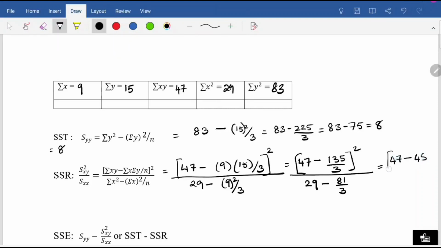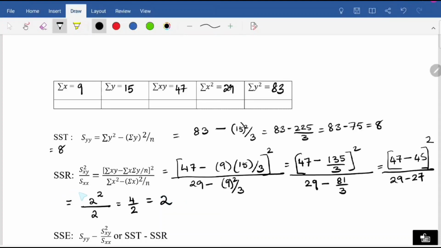So 45 squared divided by 29 minus 27. Let's continue. 47 minus 45 is 2, squared in the numerator. And 29 minus 27 is 2. So it's 4 divided by 2, which gives us 2.